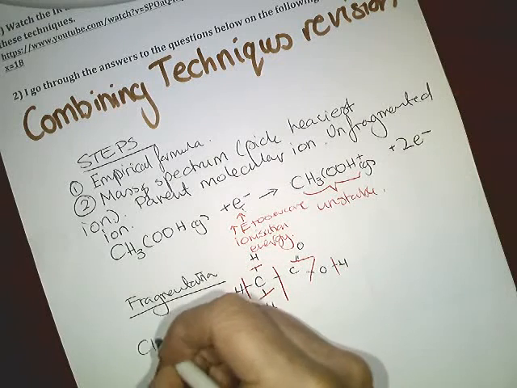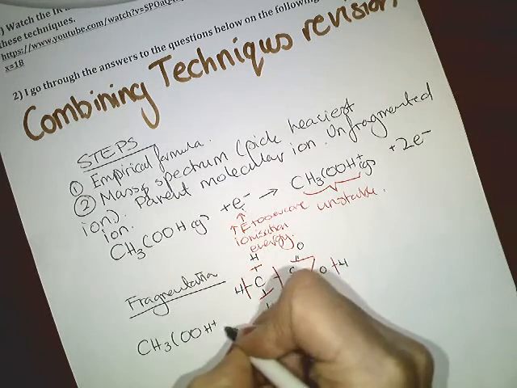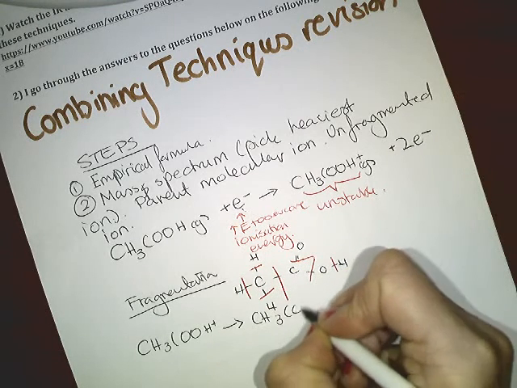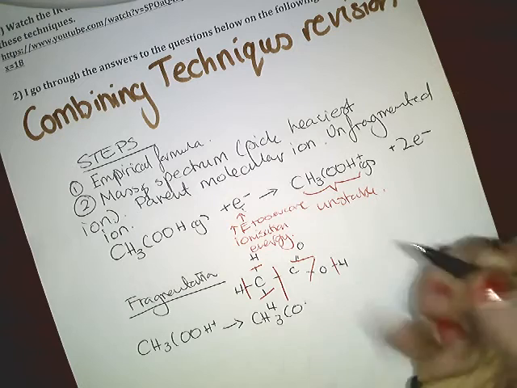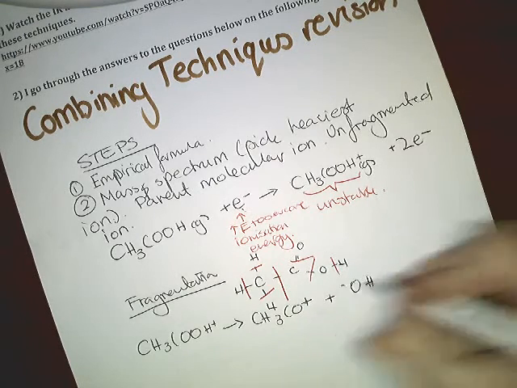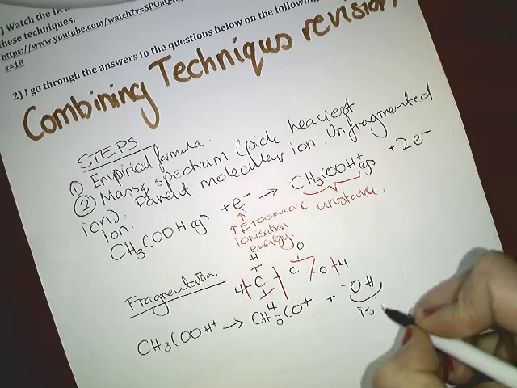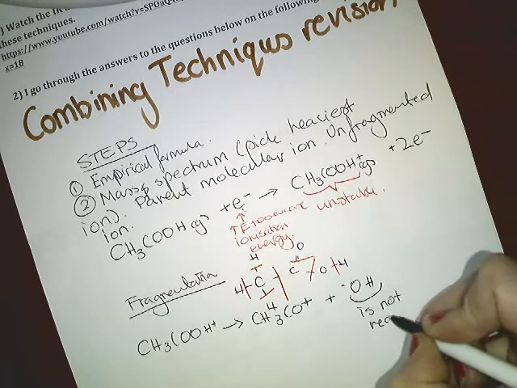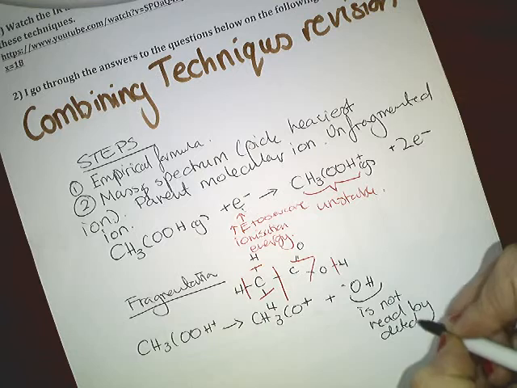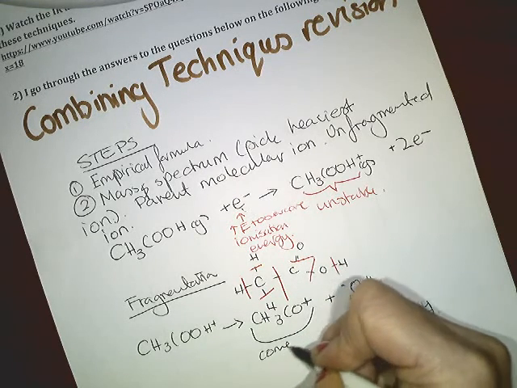So, for example, this ion could fragment into this, and then we would have OH with no charge. Now, this guy will be sucked out by the vacuum, is not read by the detector because it doesn't make it there. But this guy is the one that comes up on the mass spectrum.